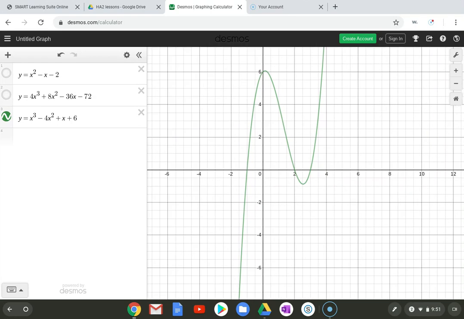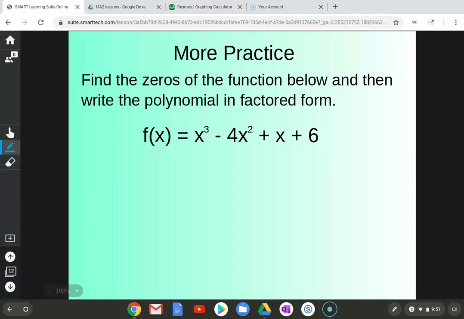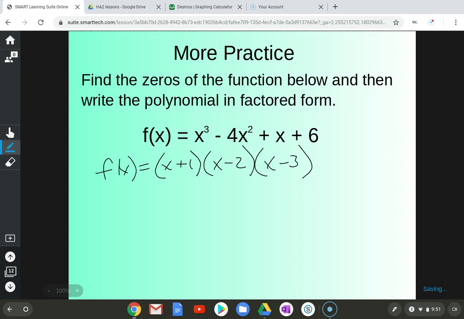All right, so it looks like we have an x-intercept at -1, 2, and 3. So since our x-intercepts are at -1, 2, and 3, we're going to have f of x equals x plus 1, x minus 2, x minus 3.